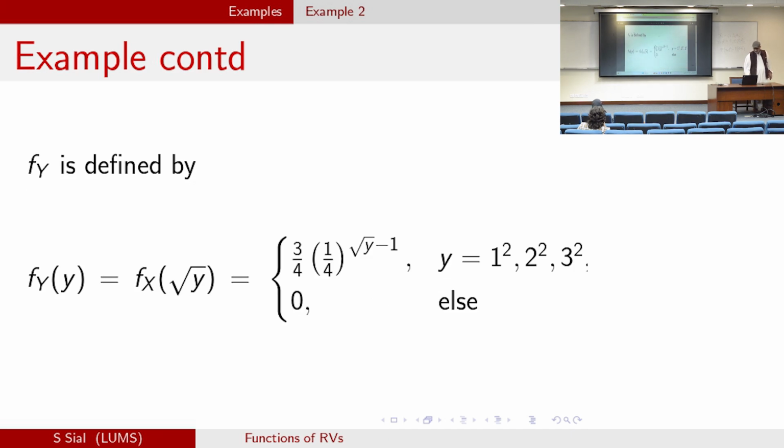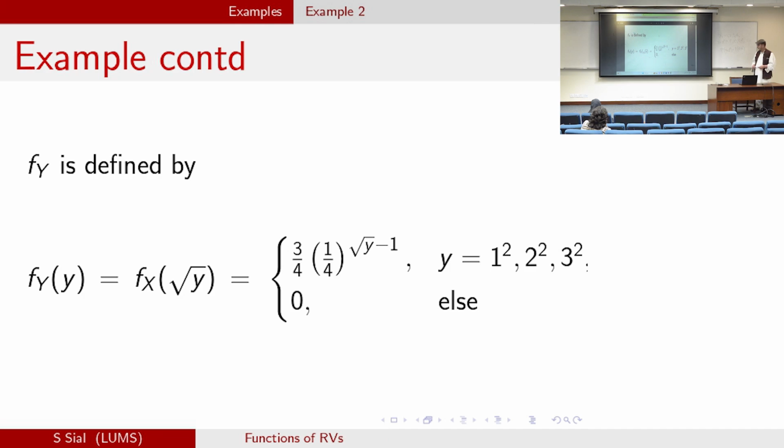So, the PMF for y is defined as the PMF of x evaluated at root y. Well, that was 3/4 times 1/4 to the, that was supposed to be an x minus 1 there, but x is root y. So root y minus 1, for y equal this list of perfect squares. And y is not allowed to take any other values.